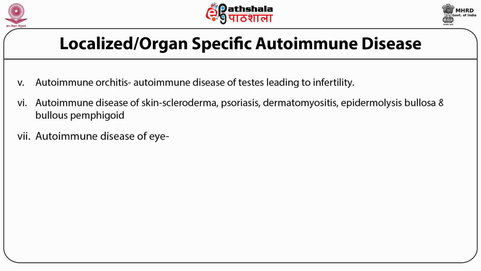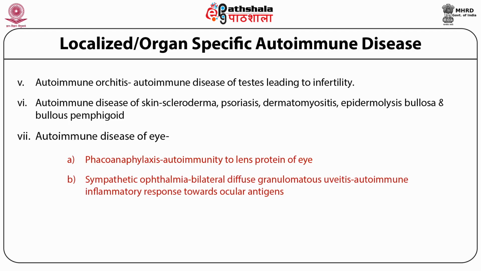Autoimmune disease of eye. The autoimmune disorder of the eye can be further classified as phacoanaphylaxis, that is, autoimmune response to the protein of the lens of the eye, which has been induced by escape of material from the lens capsule, or sympathetic ophthalmia.